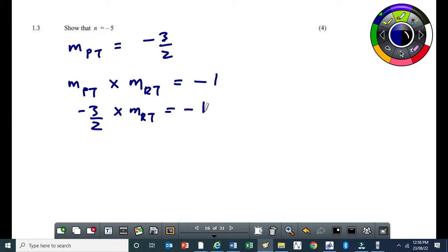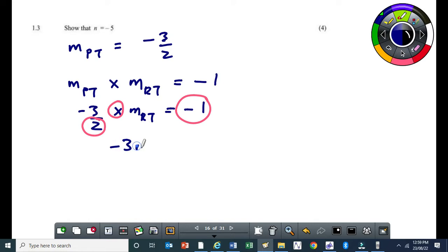Now, since we have got multiplication here and multiplication there, it means these two can multiply that -1. If that happens, you get -3 times MRT, you get -3 MRT. This is equal to -2.